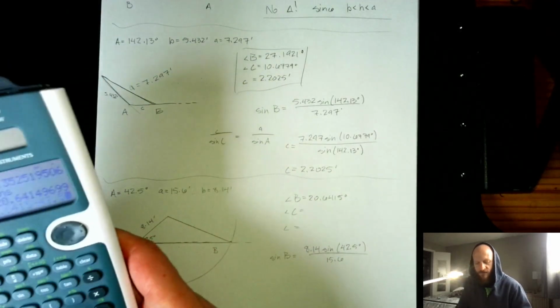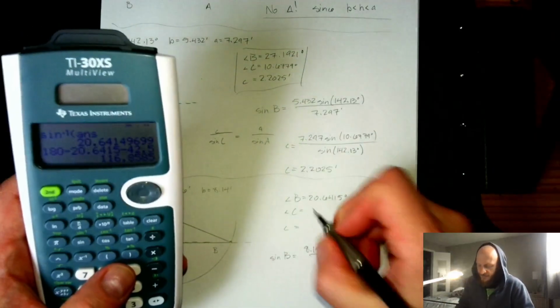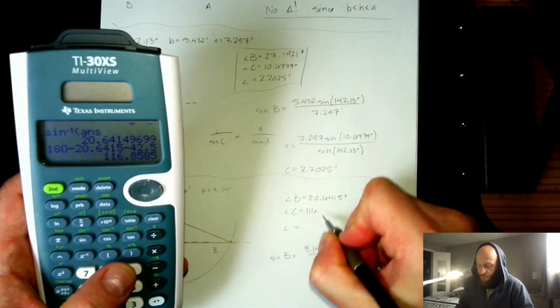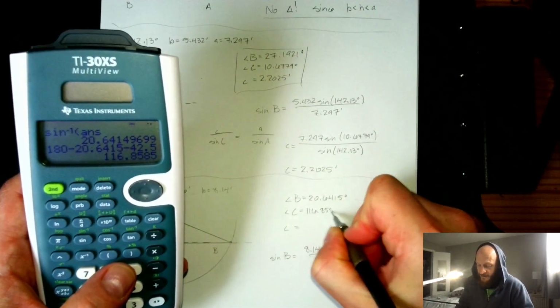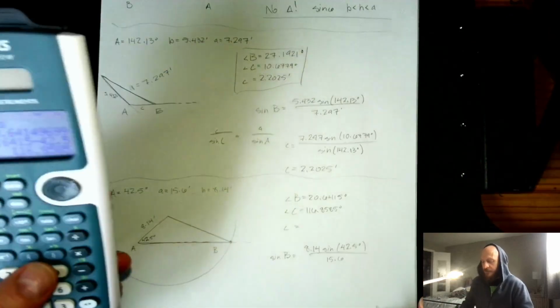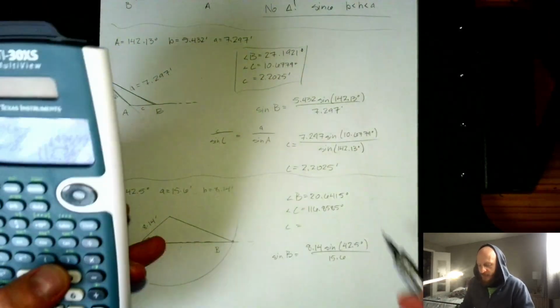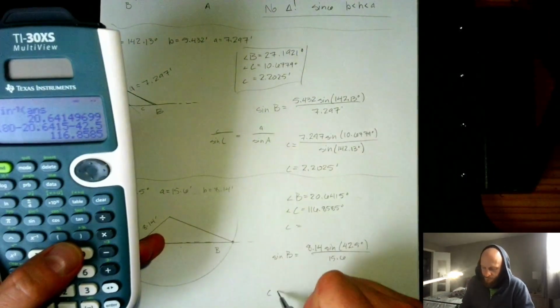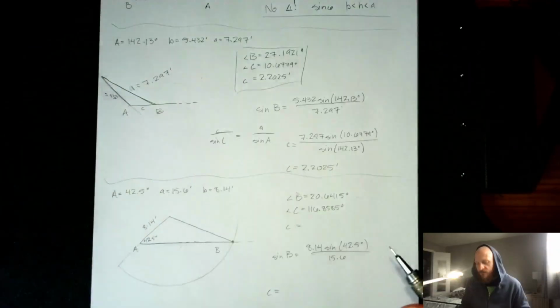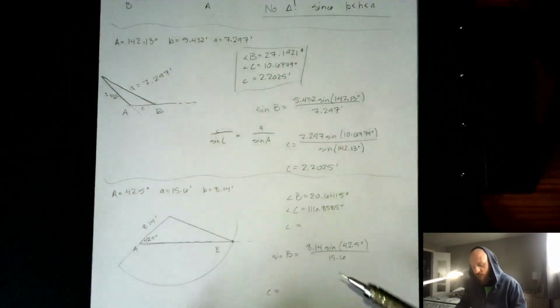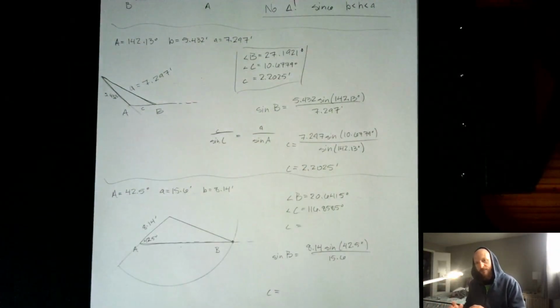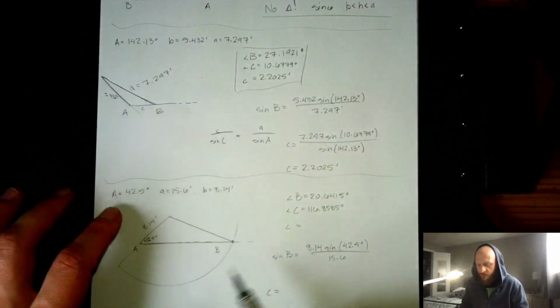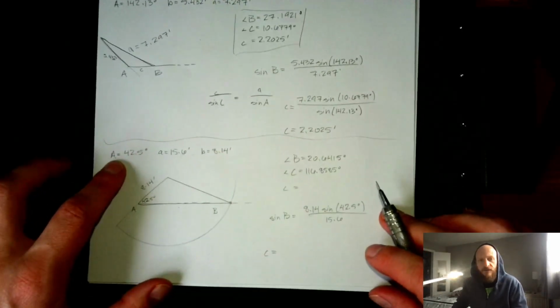Minus 42.5. So angle C must be 116.8585 degrees. Okie dokie. Side C, you can make your choice. You can equate it with sine B over B, or B over sine B, depending on the variation of law of sines that you're using.